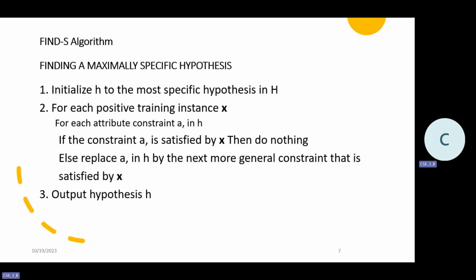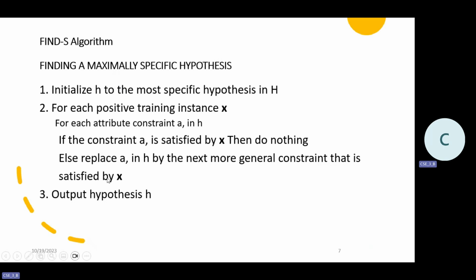For each positive training instance in instance X, for each attribute constraint in H, if the constraint a, that is the attribute a, is satisfied by the instance, then do nothing. Else, replace the attribute in the hypothesis by the next more general constraint that is satisfied by x.